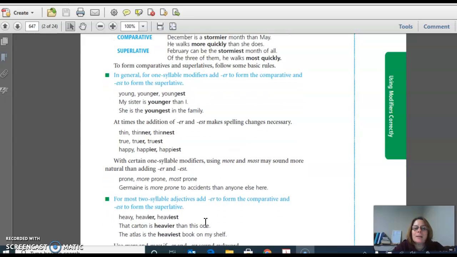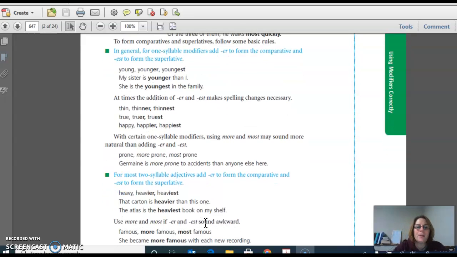And then sometimes with single syllable modifiers in particular, that's when we add that most or more. So more prone, which would mean you tend to more. Prone means tend to. So prone is the base form, more prone, and then most prone. So every now and again, we're going to have a more or a most in there instead.